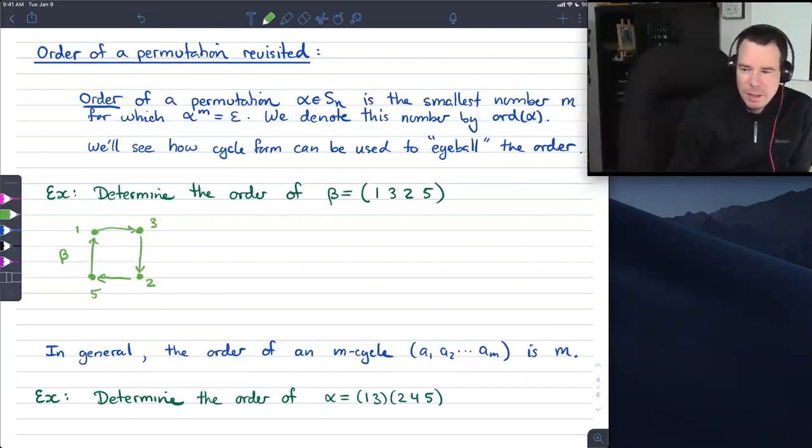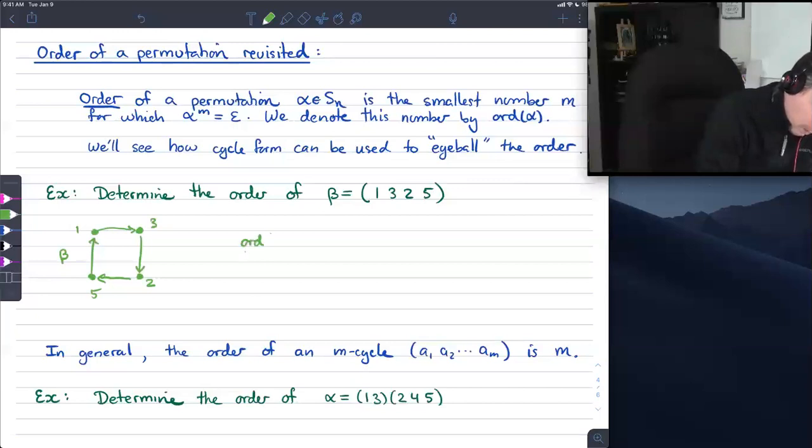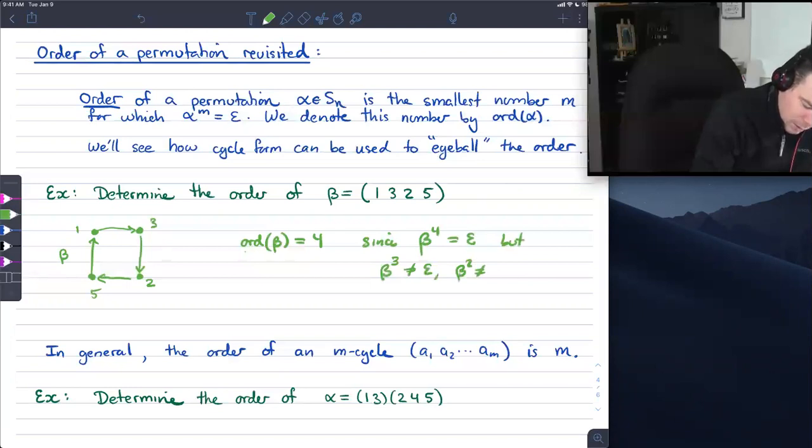Because every time I take beta times itself, I just skip once along around that cycle. And so beta to the 4 is going to be what takes 1 all the way back around to 1, 3 to 3, 2 to 2, and 5 to 5. So we have that the order of beta is 4, since beta to the 4th is equal to the identity, but beta cubed is not the identity, beta squared is not the identity, and beta is not the identity.